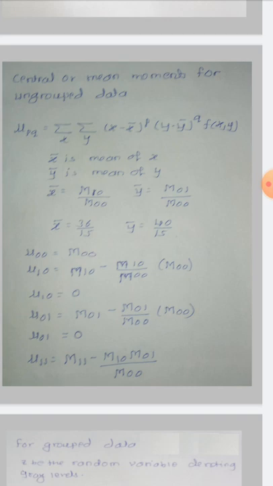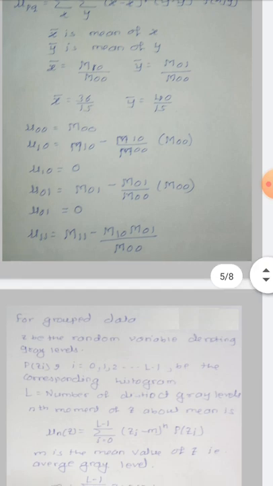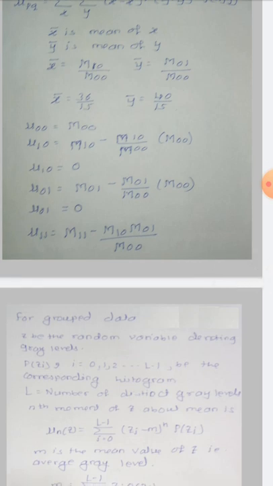Again it is 0. Mu11 formula is m11 minus m10 m01 divided by m00. In this way, we can calculate the mean moment of ungrouped data. Ungrouped data means only if the image is given, then we can use this formula.